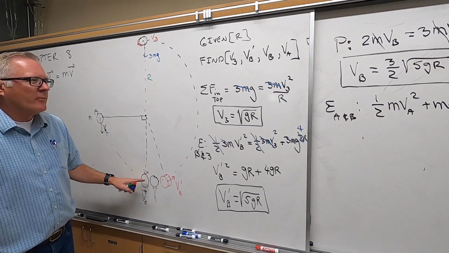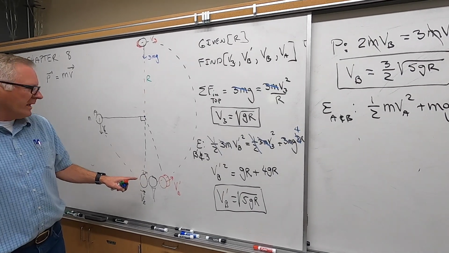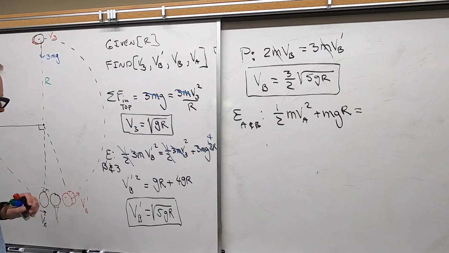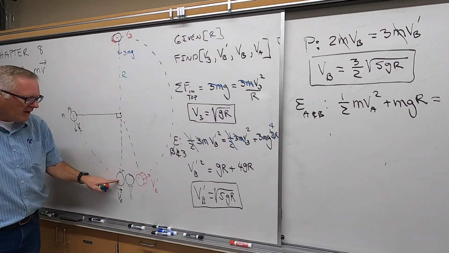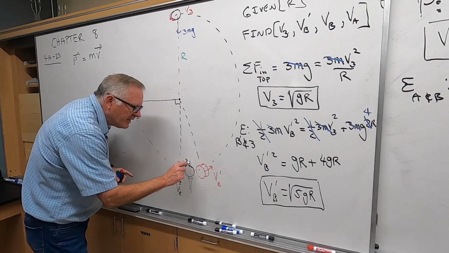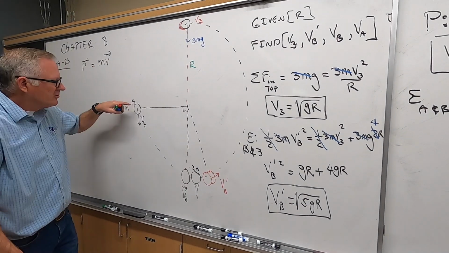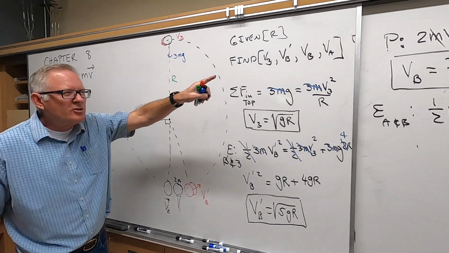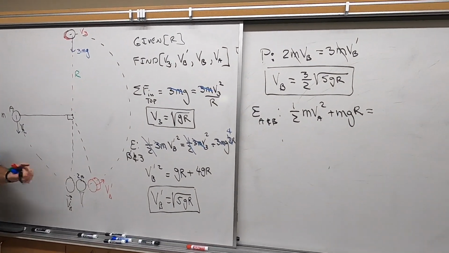Let me come back one step right here. When I looked at the momentum equation up here, see that momentum equation? The 2m block, this one was only m. The 2m is over here. So when this thing came in, the momentum before wasn't 2 mVB, it was just 1 mVB.